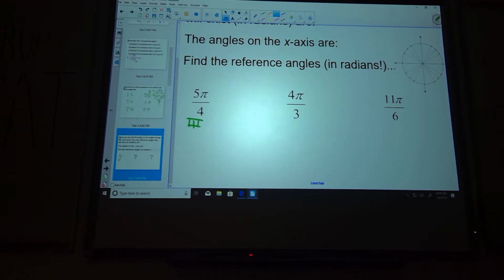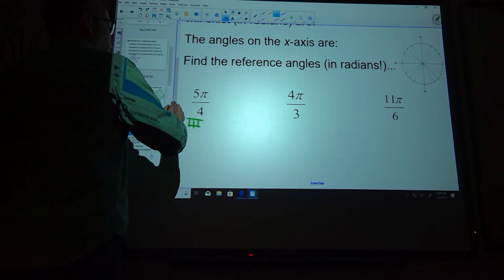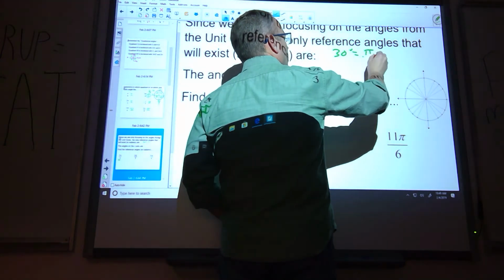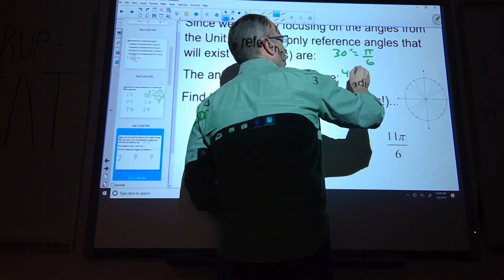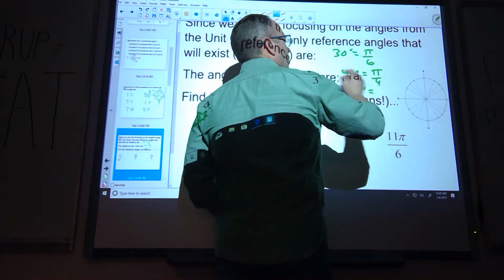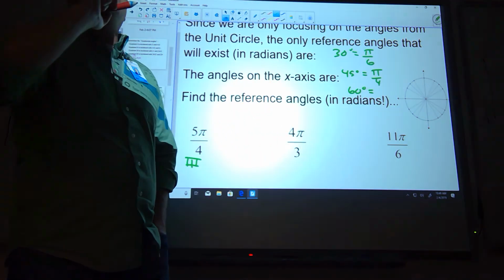So it's either a 30-degree angle, a 45-degree angle, or a 60. But we want to make sure that our angles are in radians. So a 30-degree angle was pi over 6. A 45-degree angle was pi over 4. And a 60-degree angle was, what?